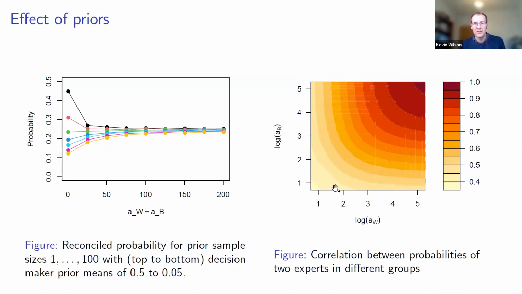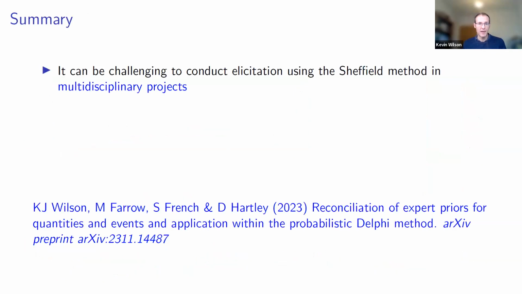Essentially, all I really want to show from this plot is that within a group, you could choose correlations between the experts of anything between about 0.3 all the way up to 1 by sensibly calibrating your prior parameters. So whatever you think about how correlated these experts are, you can incorporate that within this hierarchical model structure.